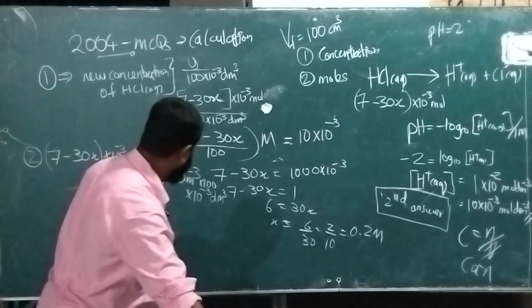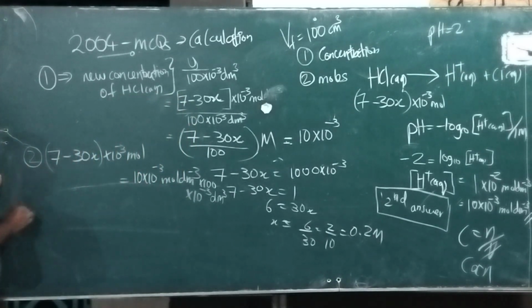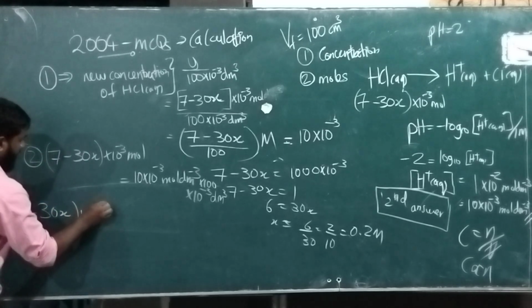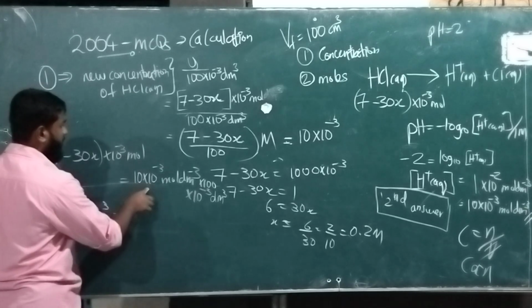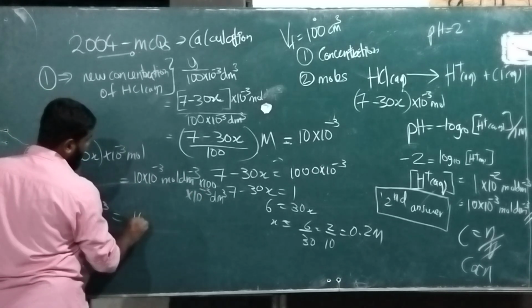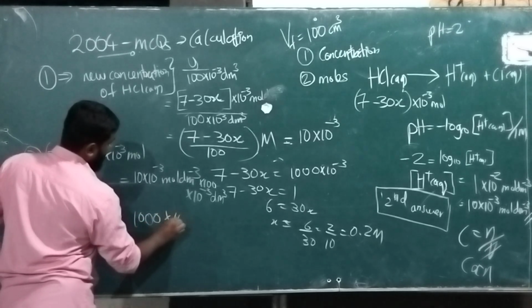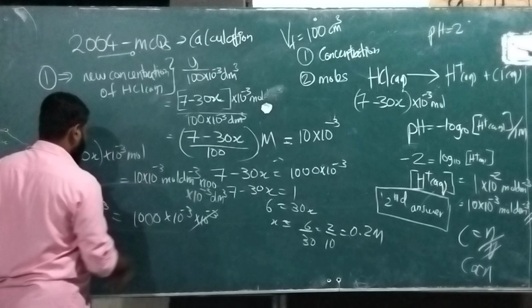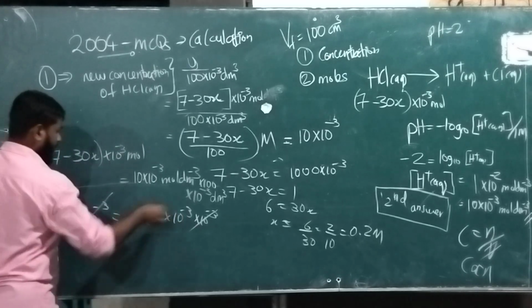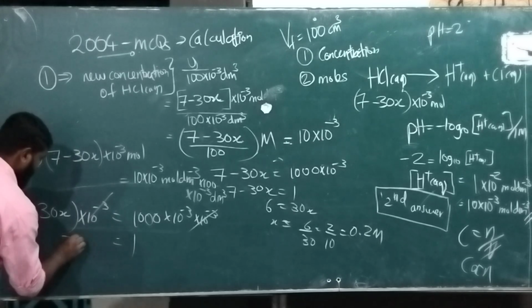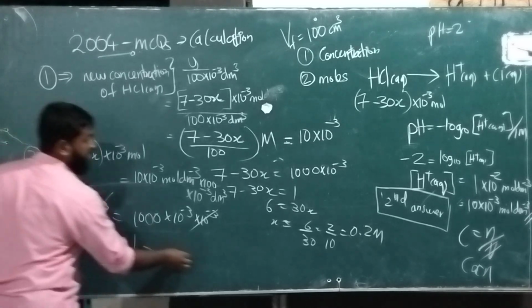You guys can understand, right? So 100 into 10 is 1000, and you can cancel these two. What is the final answer? You get 1 is equal to 7 minus 30x. The same answer will come here.